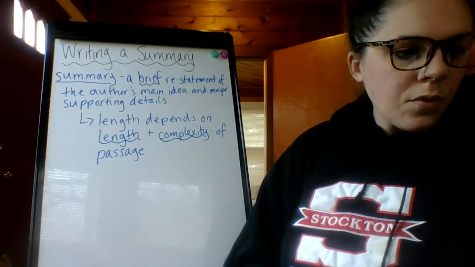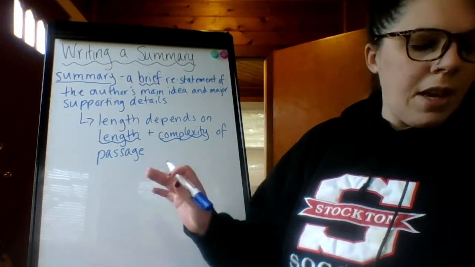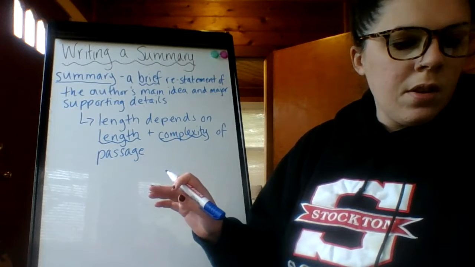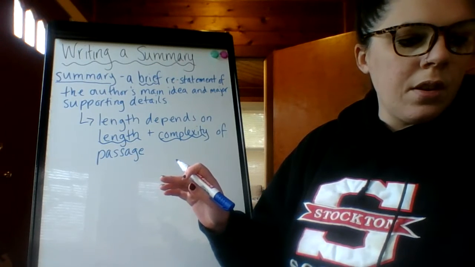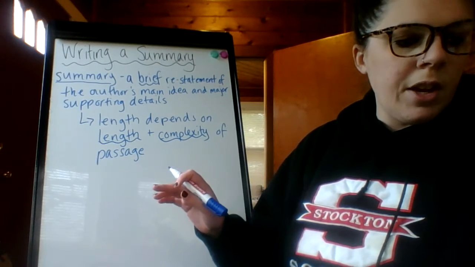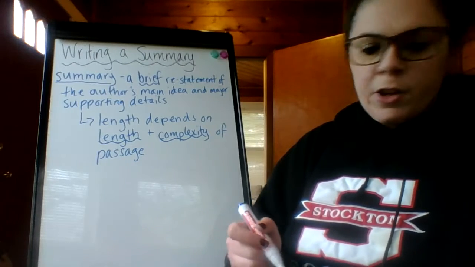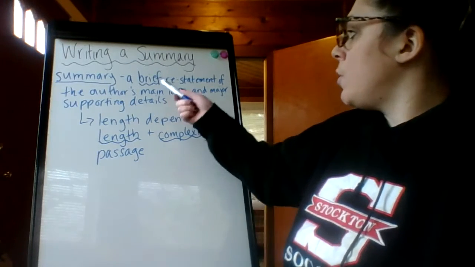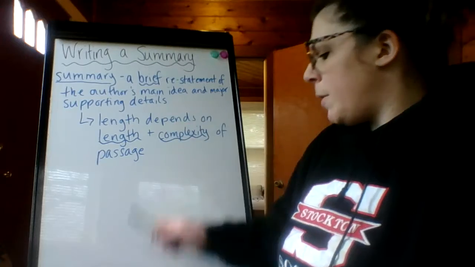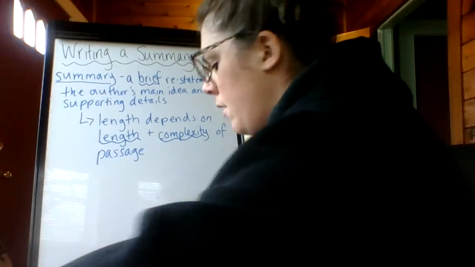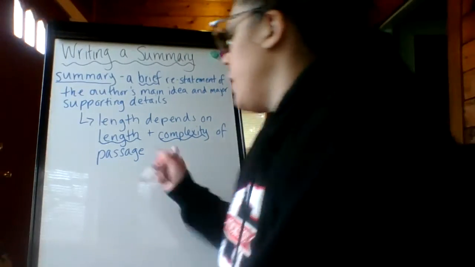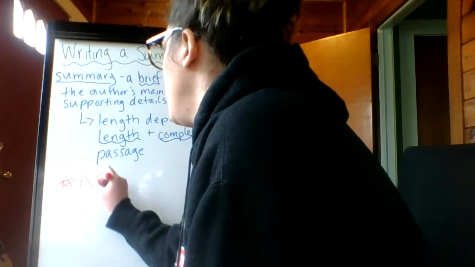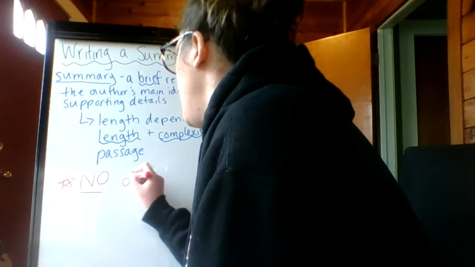So the only other thing you need to know about a summary is that there is no opinion. You are just restating the author's main idea and major supporting details. So that means there is no opinion.